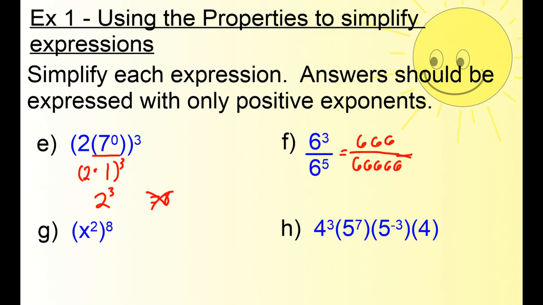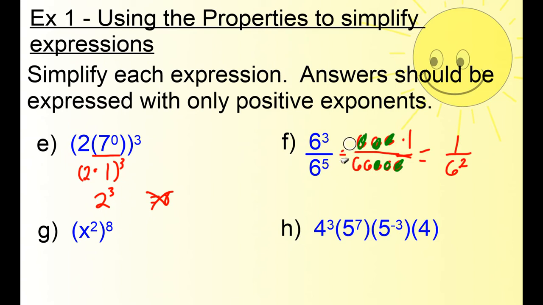And if I start canceling, I cancel 1 on the top, 1 on the bottom, 1 on the top, 1 on the bottom, 1 on the top, 1 on the bottom. And what's left over, after all my canceling is done, I have 6 squared on the bottom. I've got 2 6s on the bottom, and there's nothing up top, and we don't put a 0, we put a 1. There's always technically a little invisible ghost 1 at the end.